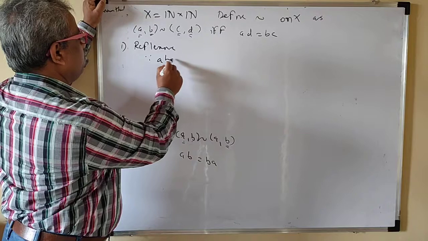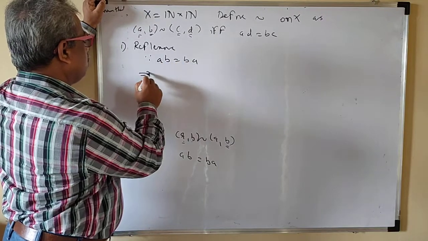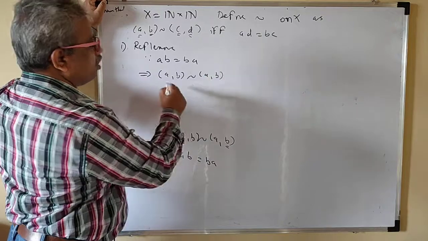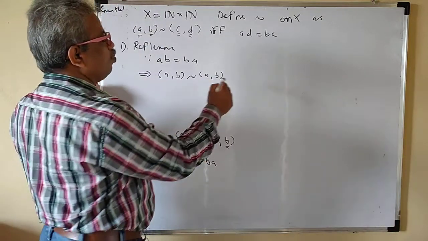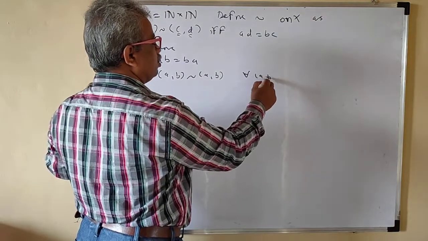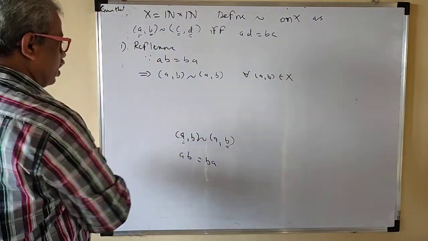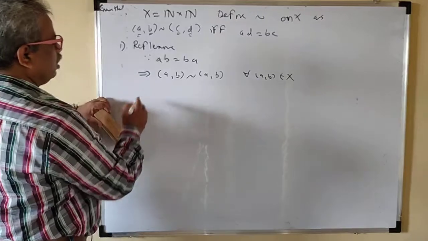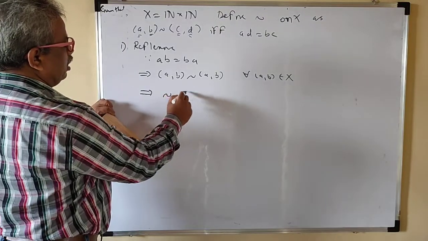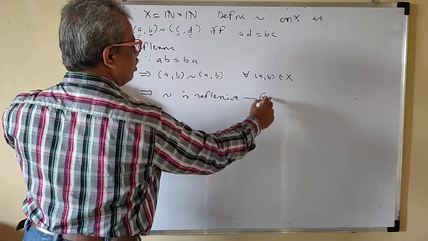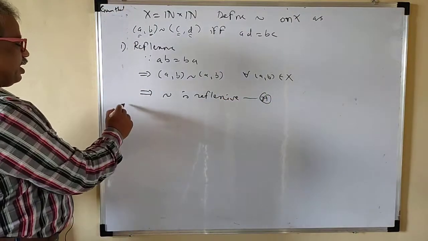Since ab is equal to ba, (a, b) is related to (a, b). This is true for all (a, b) belonging to X. Therefore the relation is reflexive. We call this A. Then second, symmetric.